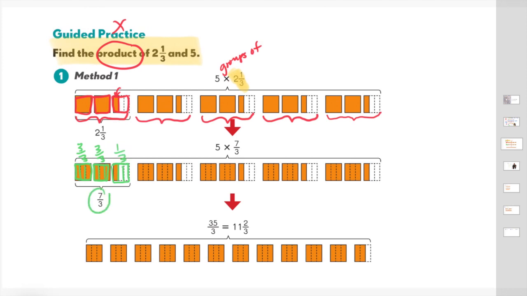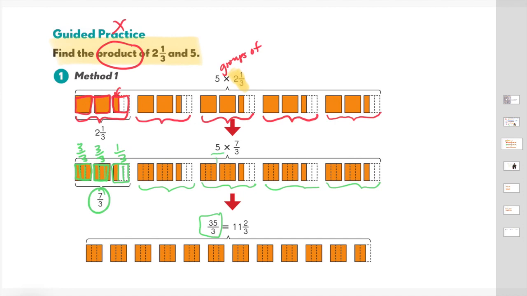And that gives us 7/3. So now we're going to say 5 groups of 7/3. There's my 5 groups of 7/3. And when we have 5 groups of 7/3, that gives us 35 thirds.